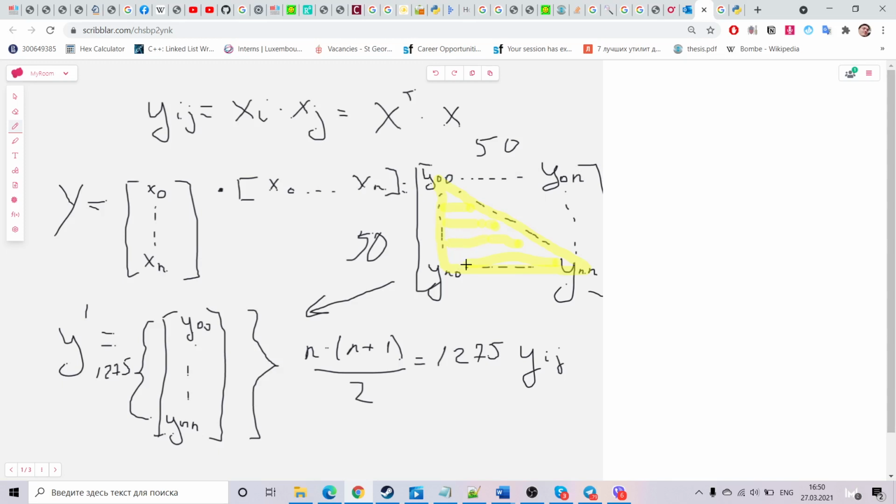So we will have just 1275 possible, useful y_ij, and we can show this left triangle as a vector of this height, and it will be a vector y.